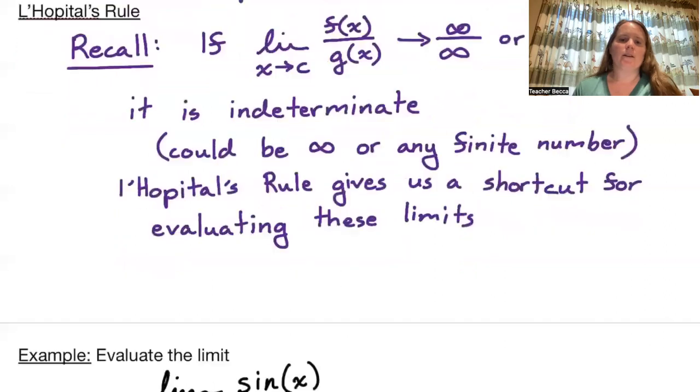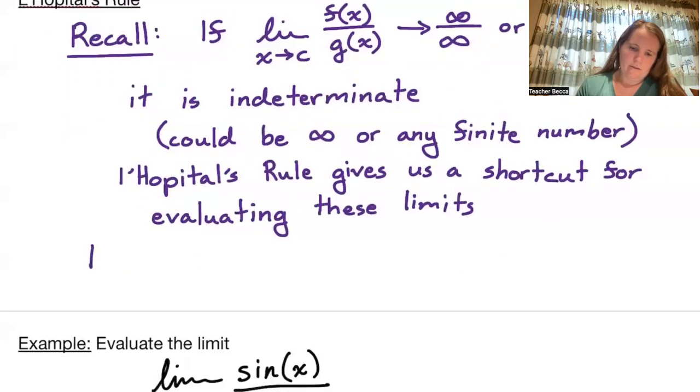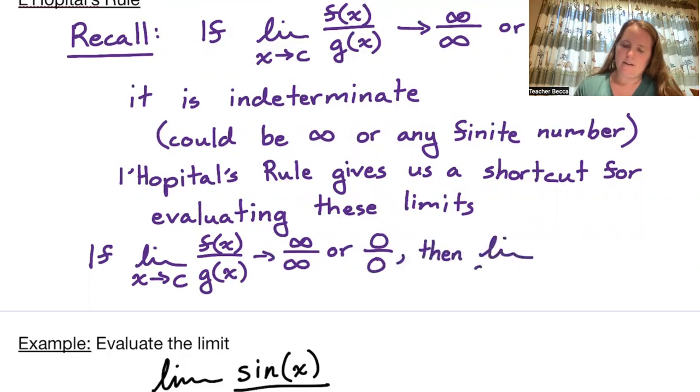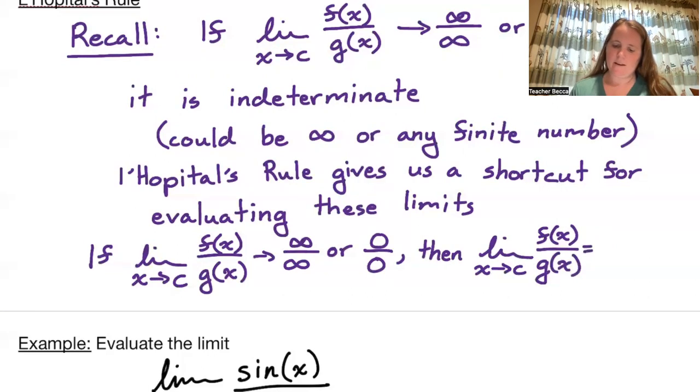And what that shortcut is: if the limit as x goes to c of f of x over g of x goes to either infinity over infinity or 0 over 0, then the limit as x goes to c of f of x over g of x is exactly the same thing as the limit as x goes to c of f prime of x over g prime of x.